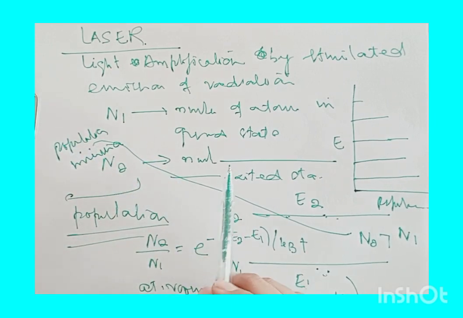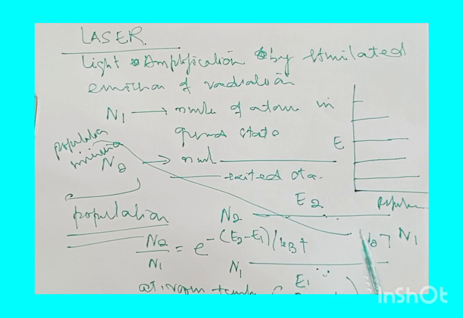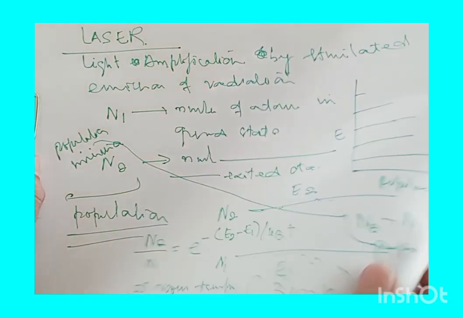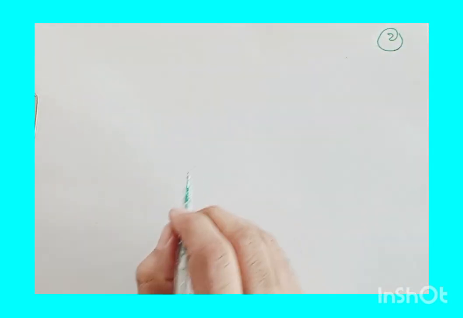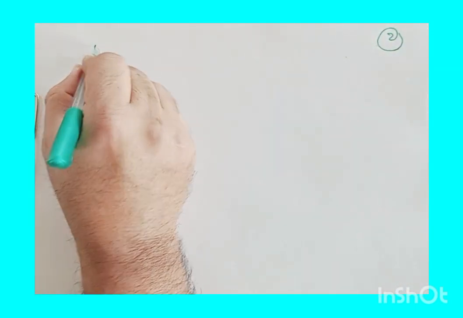Now, the process of inverting this population of atoms is known as pumping. And pumping can be of different types. The most popular way of pumping is known as optical pumping.